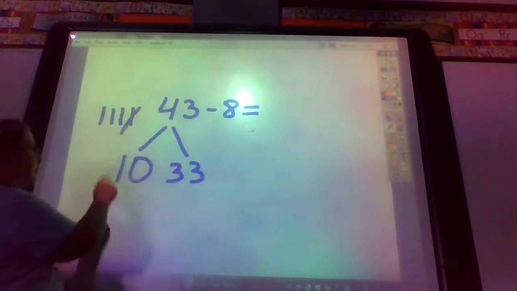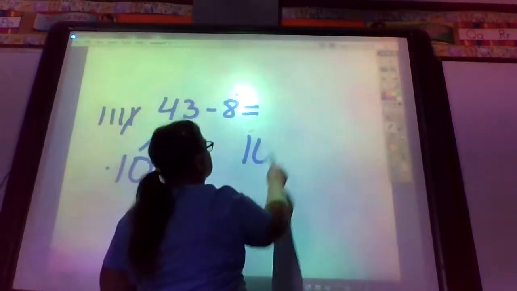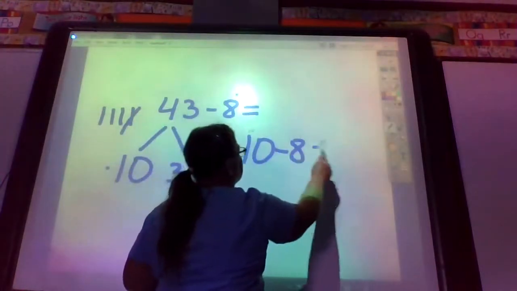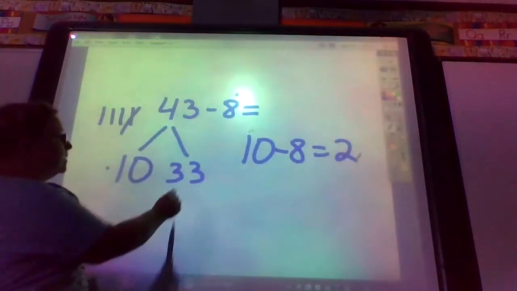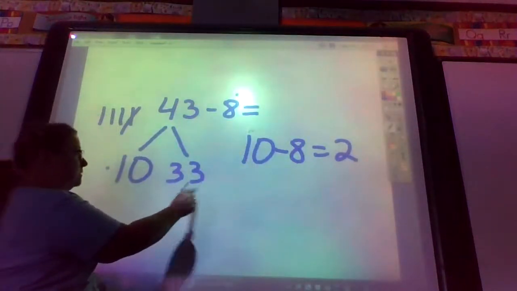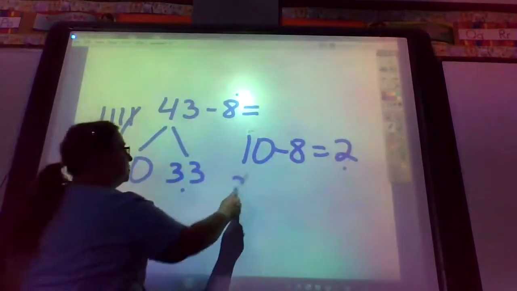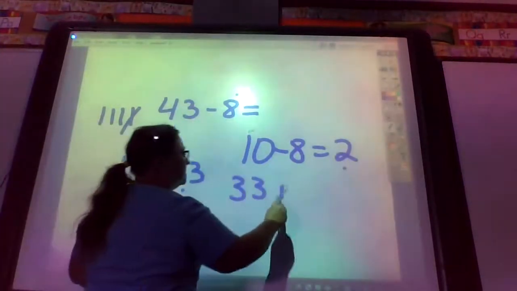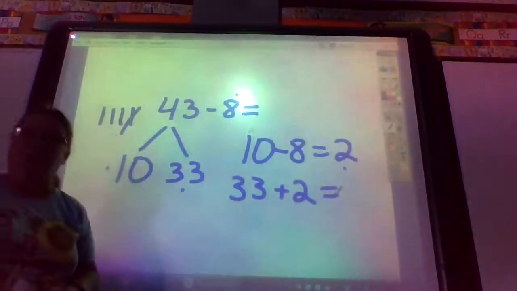Now I'm going to subtract. I'm using my 10, and I'm using my 8. 10 minus 8 is that 2. And now I'm going to use the 33, and I'm going to add that 2. 33 plus 2. I'm at 33.